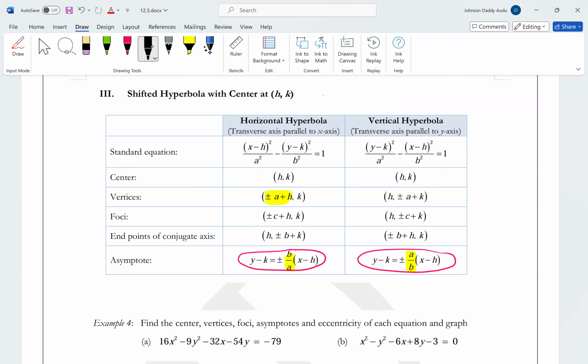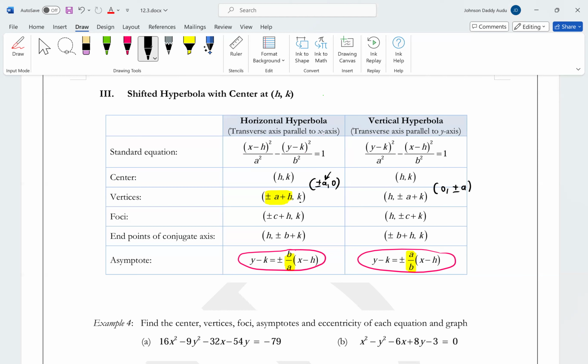Before, it used to be plus or minus a, 0, and 0, plus or minus a. So now with (h, k), you just need to add h to the x-coordinate, which will give you a plus h, and add k to 0, which will give you this one. The same applies here.